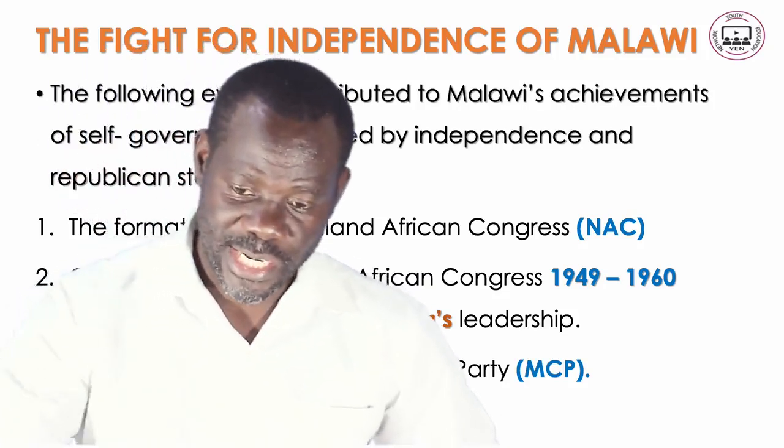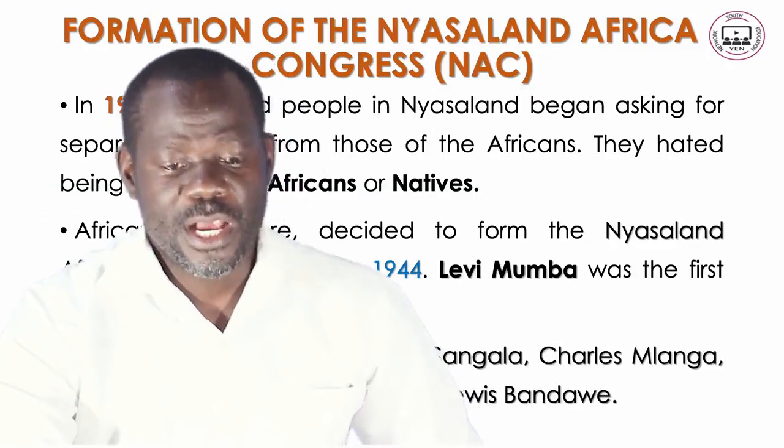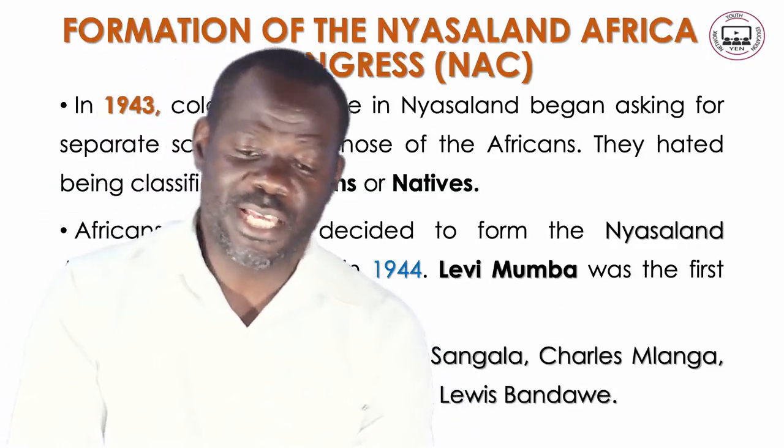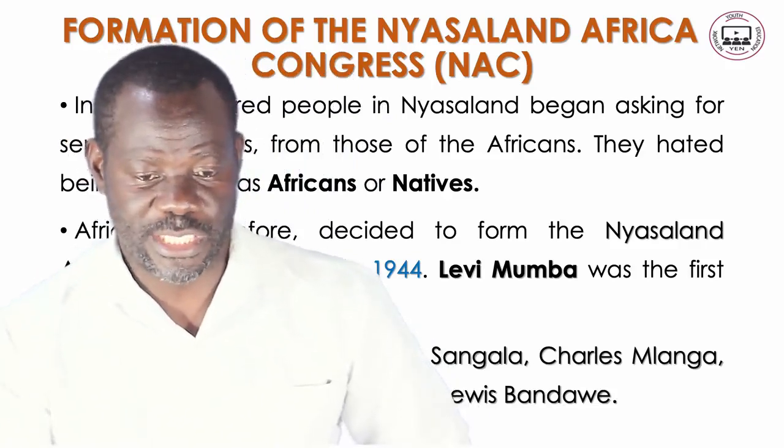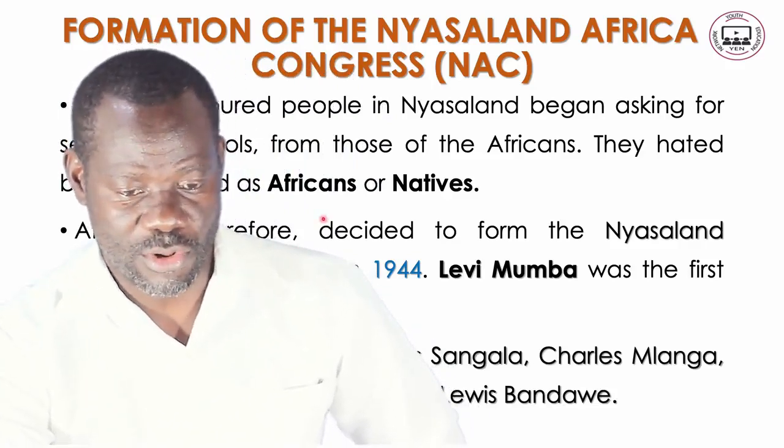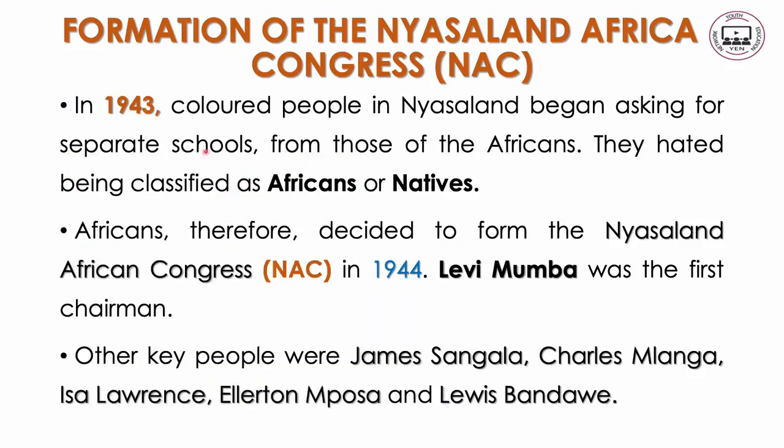To begin with, let us look at the formation. How was the Nyasaland African Congress, the NAC, formed? In 1943, the colored people in Nyasaland began asking for separate schools from those of the Africans.